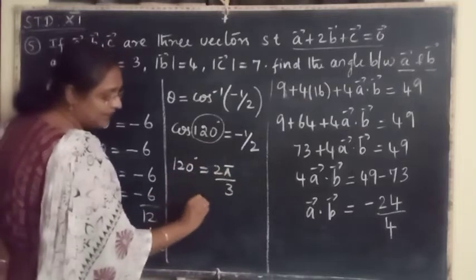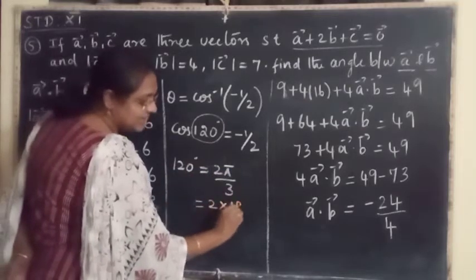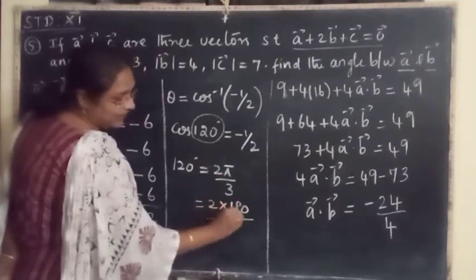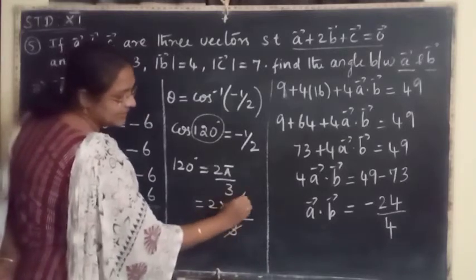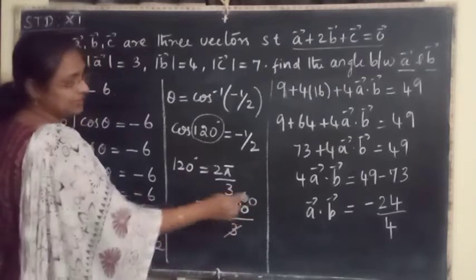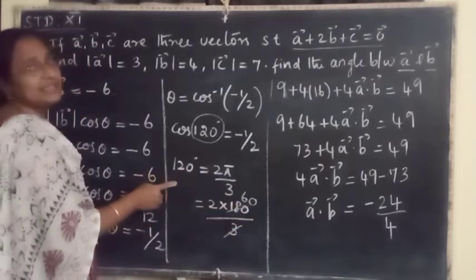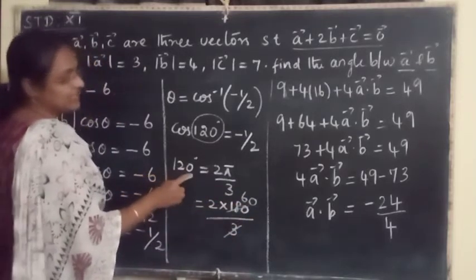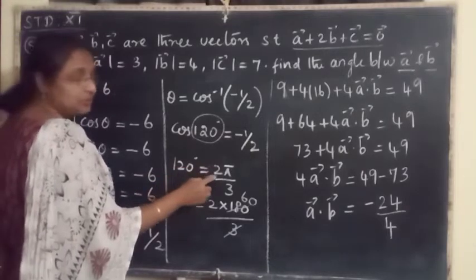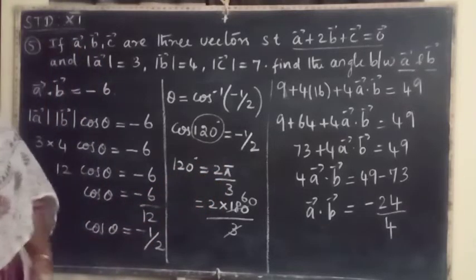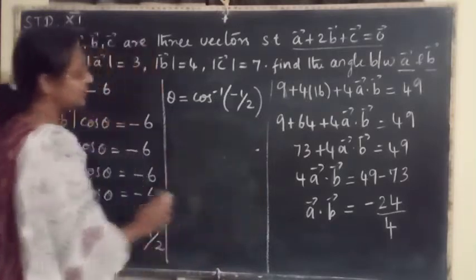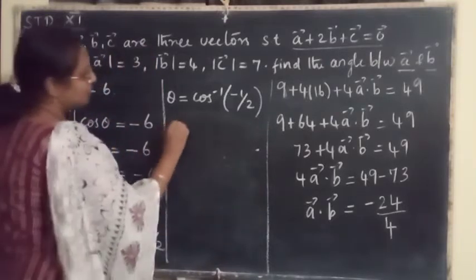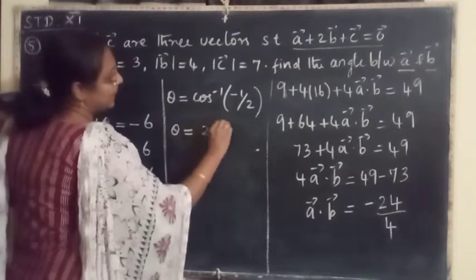What is the value of pi? Pi is 180. So 2 into 180 divided by 3, 3 into 60, so 2 times 60 you will get 120 degree. So instead of 120 degree we will write 2 pi by 3. So for the theta value, theta is equal to 2 pi by 3.